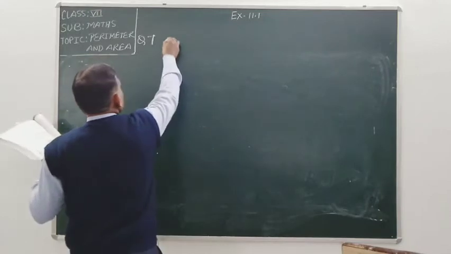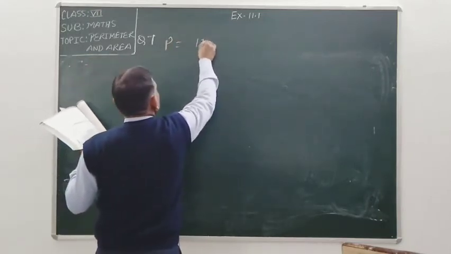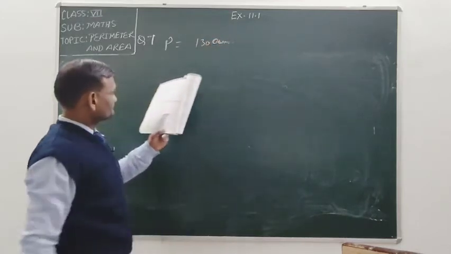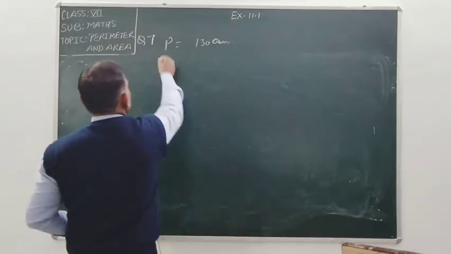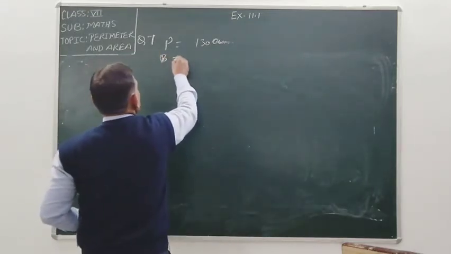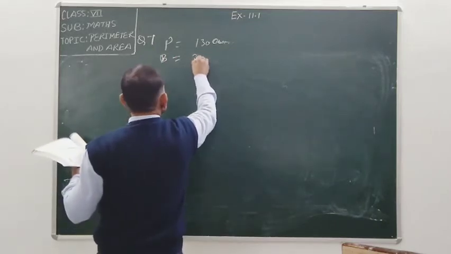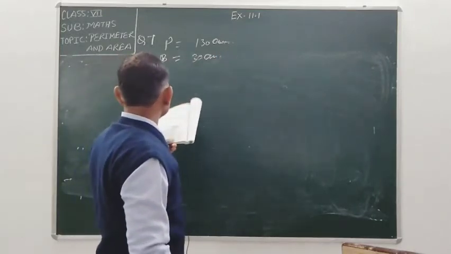So, student, perimeter is given, 130 centimeter. If the breadth of the rectangle is 30 centimeter, also find the area of the rectangle.